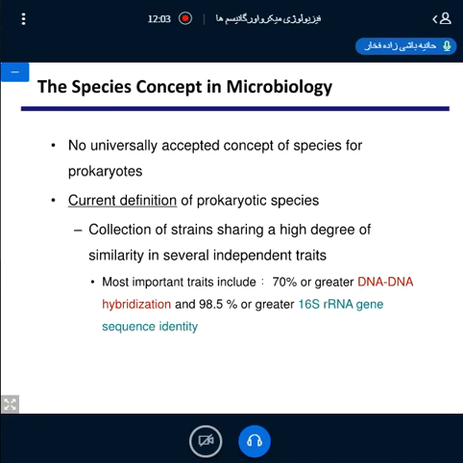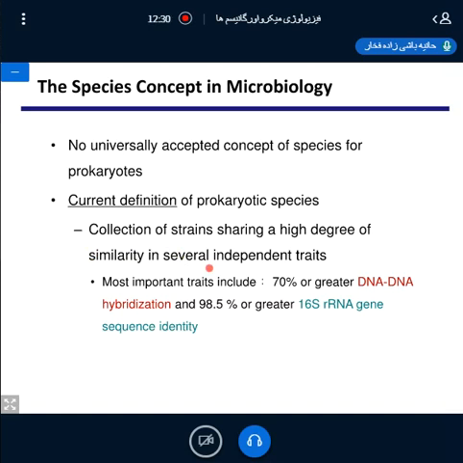We have some specific concepts in microbiology. There is no universally accepted concept of species for prokaryotes. Current definition of prokaryote species: a collection of strains sharing a high degree of similarity in several independent traits.